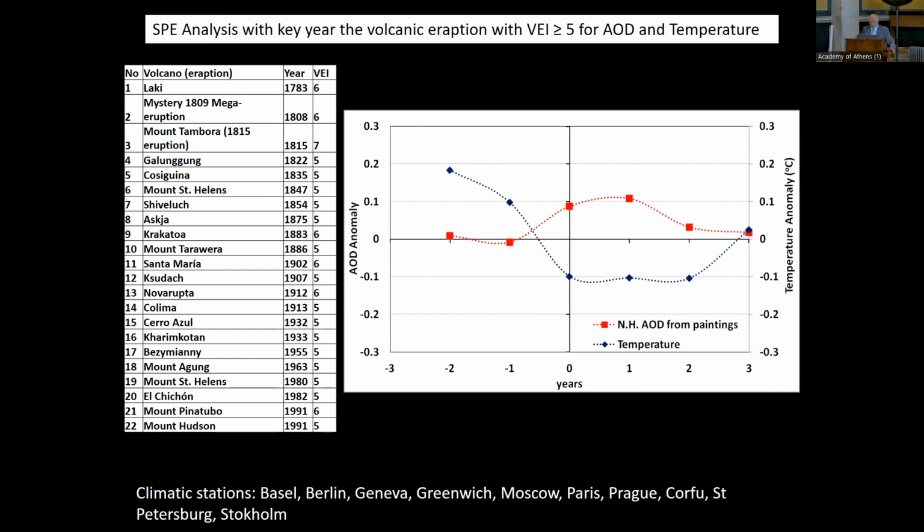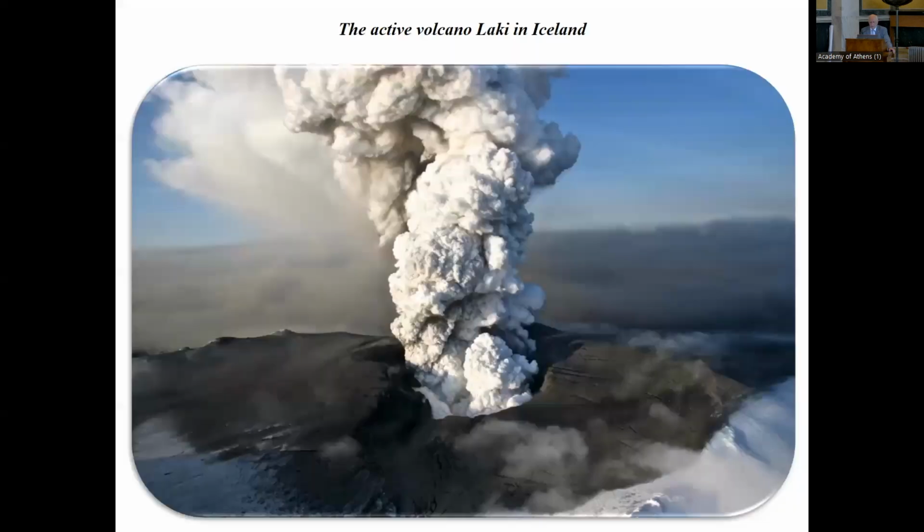Now, here it's in the northern hemisphere, you can see the volcanic eruptions, the AOD measured by them, and the mean temperature in various regions. And you can see that this is a superposed epoch analysis, which shows an anti-correlation between the AOD, of course, and temperature.